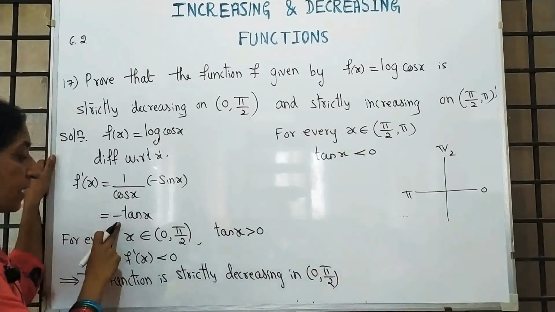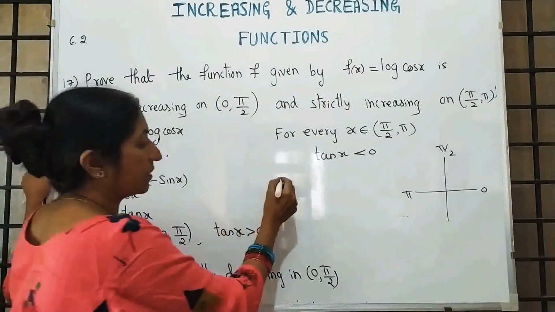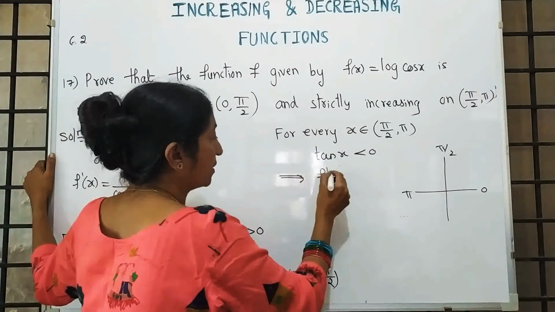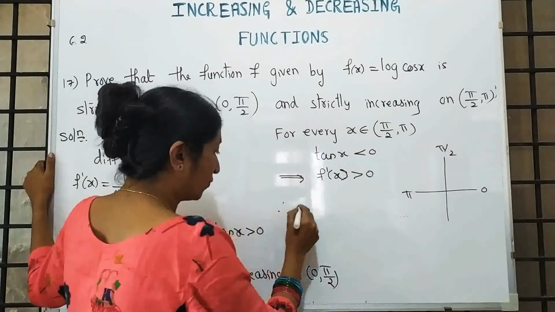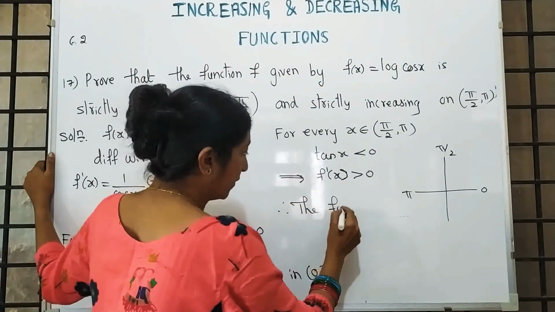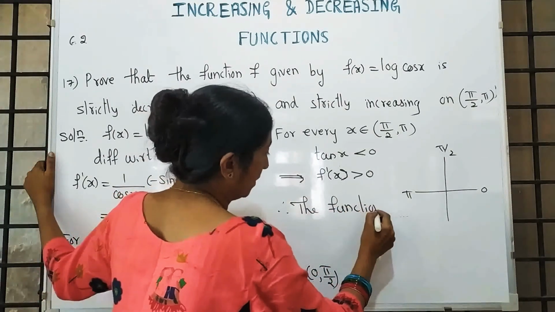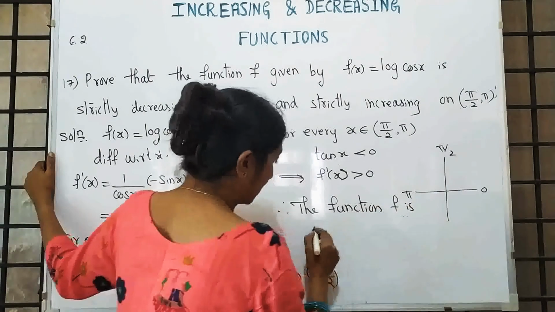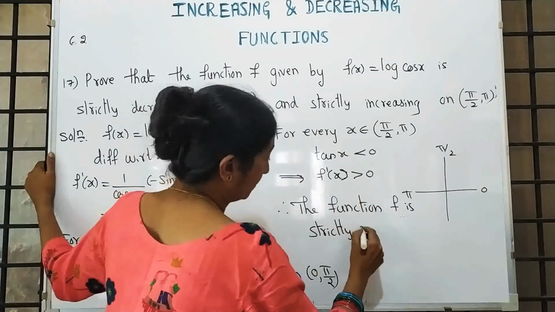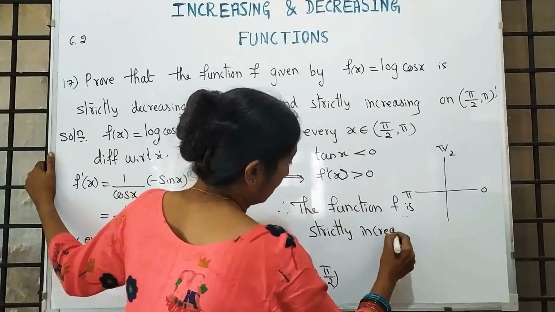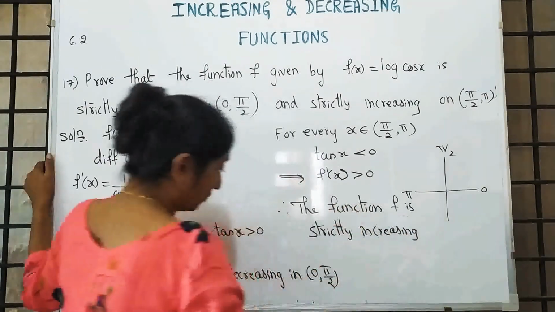Already minus is there. Minus into minus becomes plus. This implies the first derivative is greater than 0. Therefore, the given function f is strictly increasing, and that only they are asking in the question. So this is very simple.